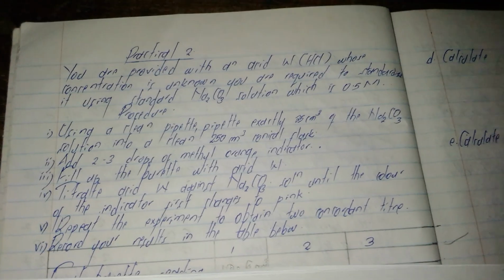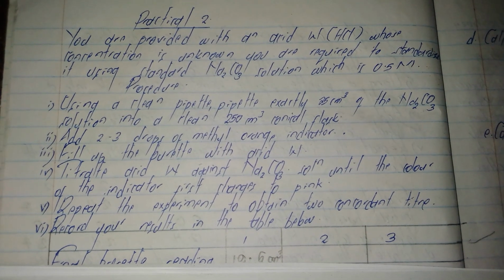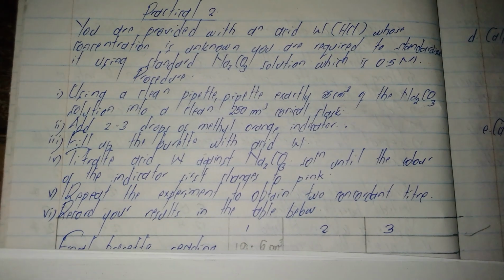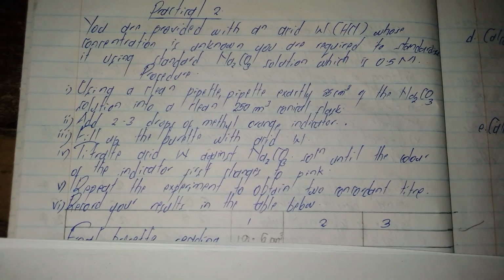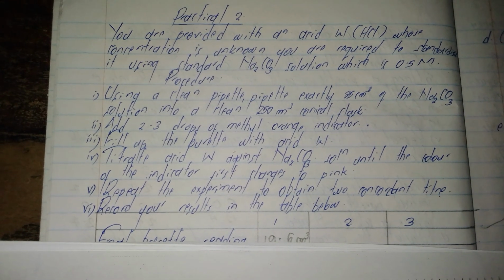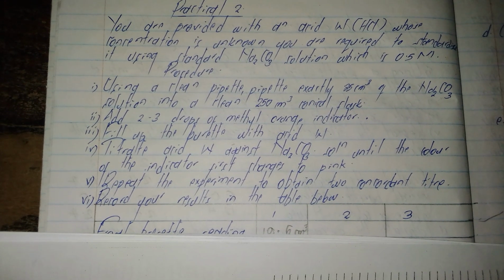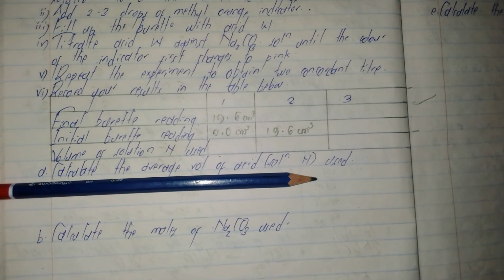You are provided with an acid W, HCl, whose concentration is unknown. You are required to standardize it using standard sodium carbonate solution, which is 0.5 molar. Procedure: using a clean pipette, transfer exactly 25 cm³ of the sodium carbonate solution into a clean 250 cm³ conical flask.